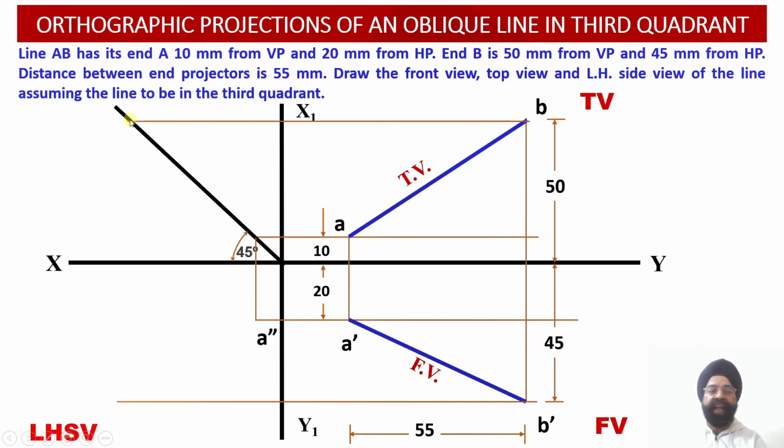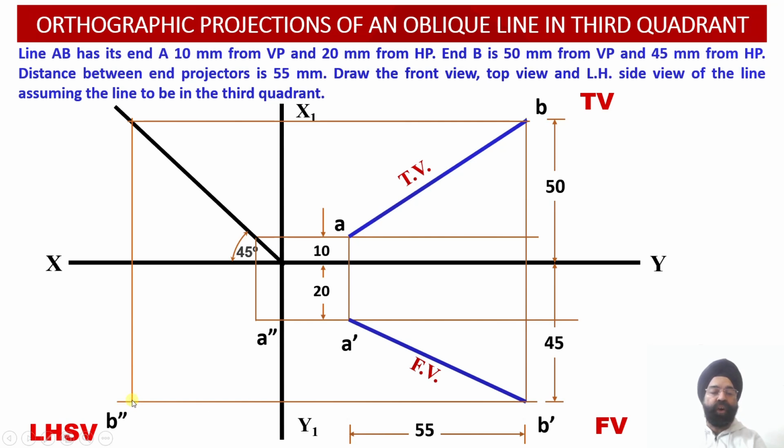From this point we drop a vertical projector in the downward direction and extend it till it intersects with the horizontal projector line drawn through the point B dash of the elevation. Once we obtain the intersection point of these two projection lines, the location of the B double dash point has also been obtained.